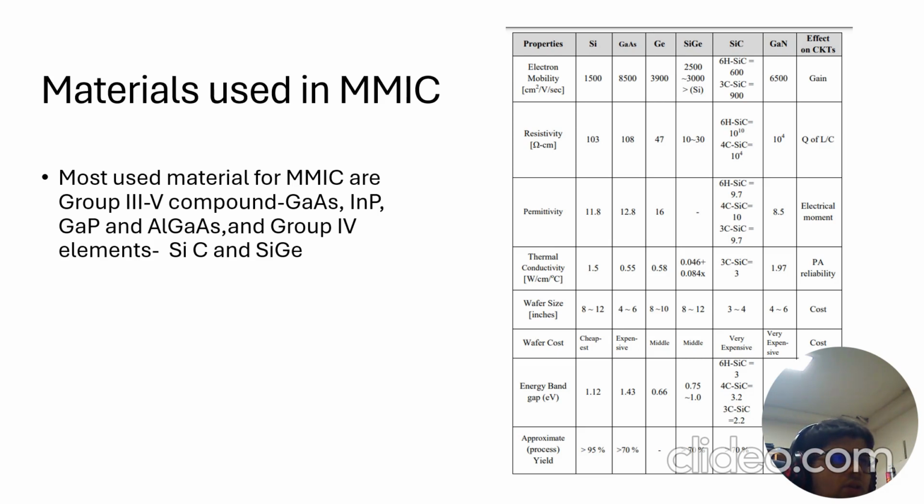It's 3,900, and you can also see silicon germanium ranges from 2,500 to 3,000, and so on. And you can see the electron mobility is higher in gallium nitride. Likewise in terms of resistivity, we can compare different materials depending on our application. We can choose which is the most suitable material for our application.